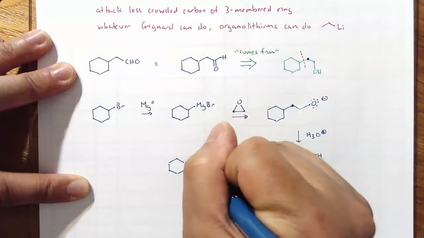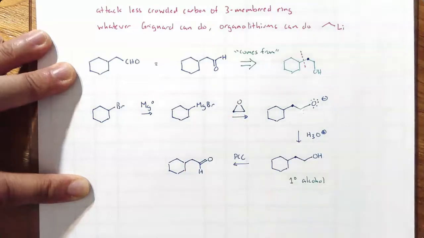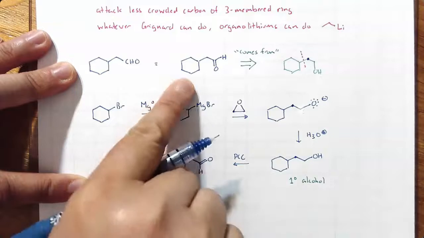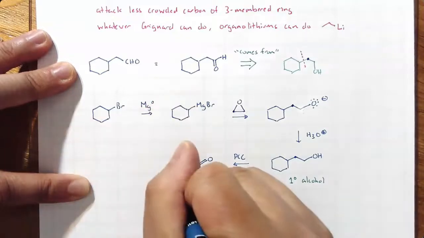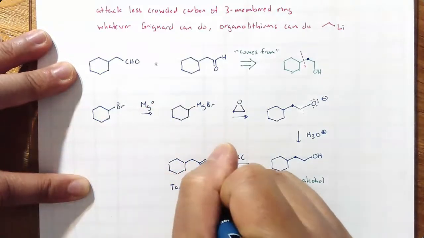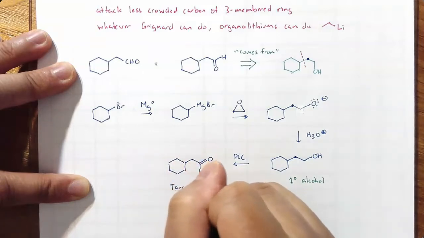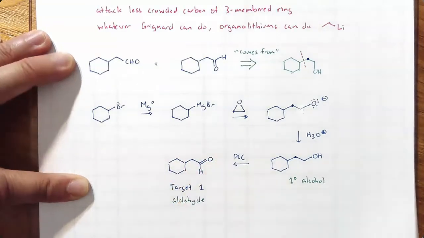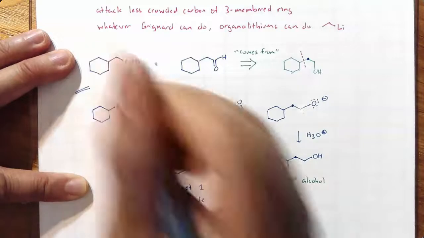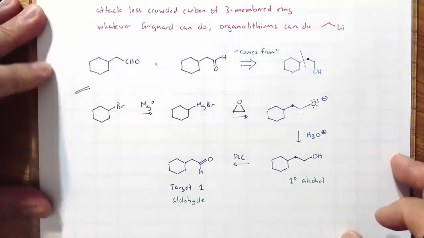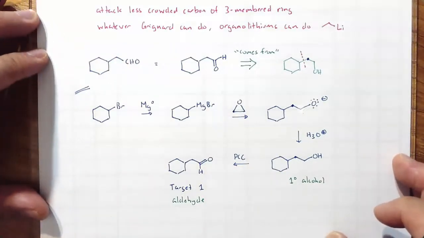I'll draw it like this. Okay, that is our target number 1, right there, and it is the aldehyde. That represents a good answer for the synthesis for target number 1.